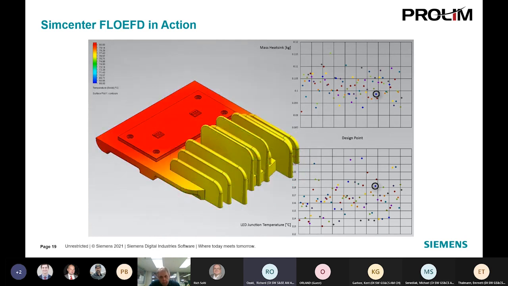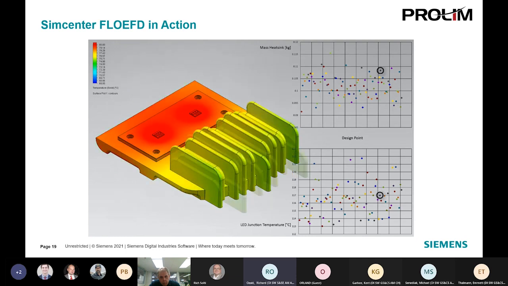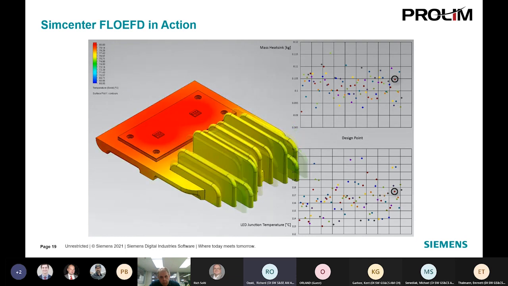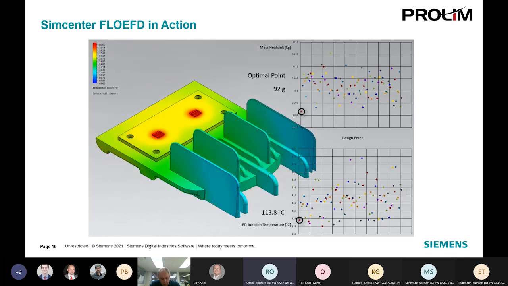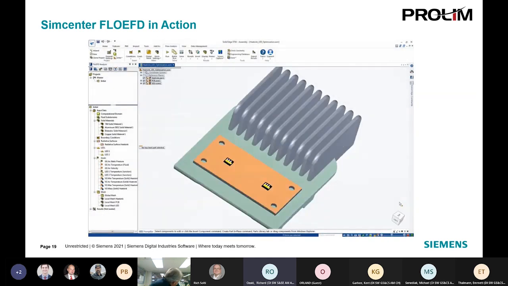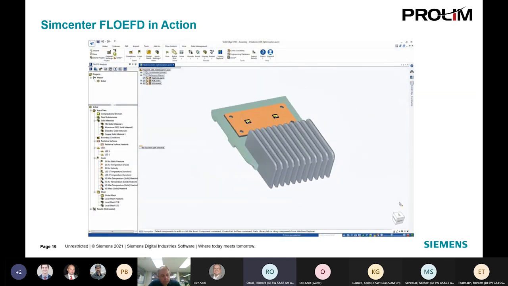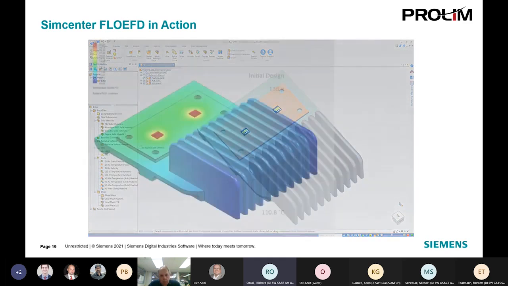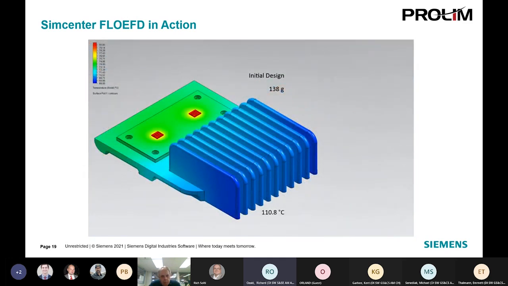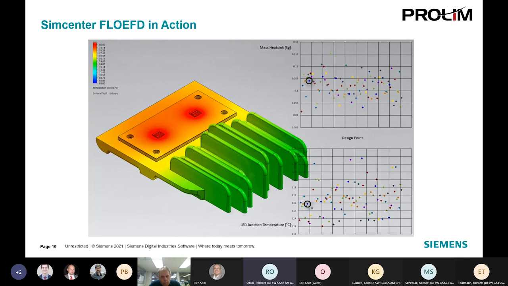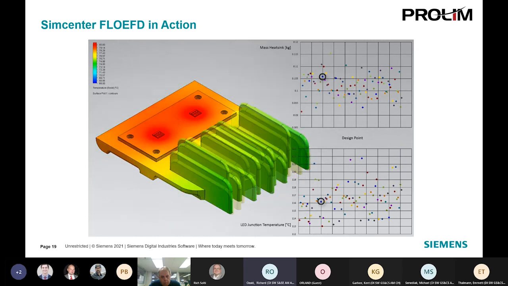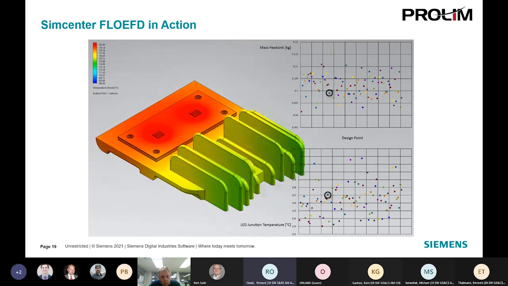What's going to get our LED streetlight to operate the coolest, therefore last the longest, reduce warranty claims, and reduce the need to send someone out to actually replace that. So the end design might not be the most practical, but the fact that you're able to actually drive these variants is very, very powerful. And you never know, you might find something that you didn't think about, and the simulation will converge towards that optimum solution.